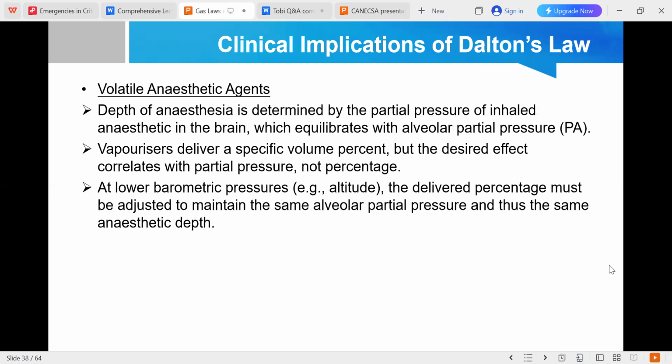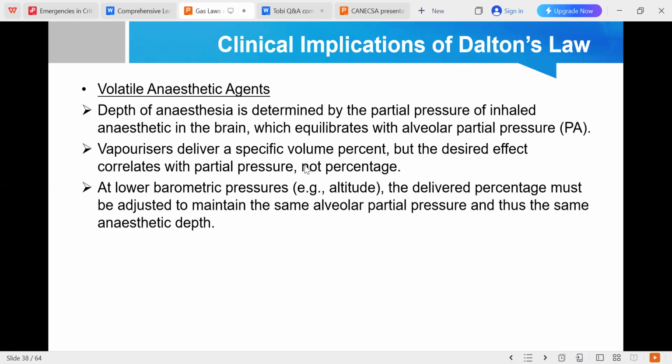Dalton's law of partial pressure is also very important in anesthesia, to measure the depth of anesthesia. We know that the depth of anesthesia is usually measured by the partial pressure of the anesthetic in the brain.